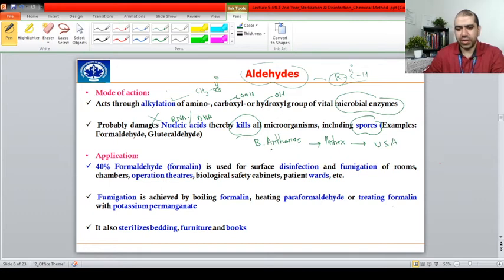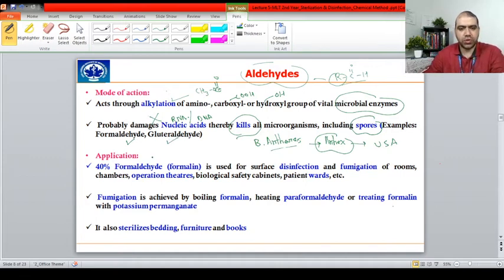Examples of aldehydes that can do this are formaldehyde and glutaraldehyde.